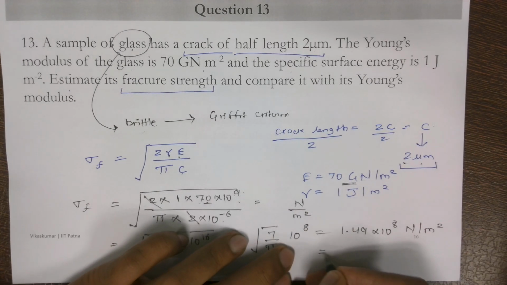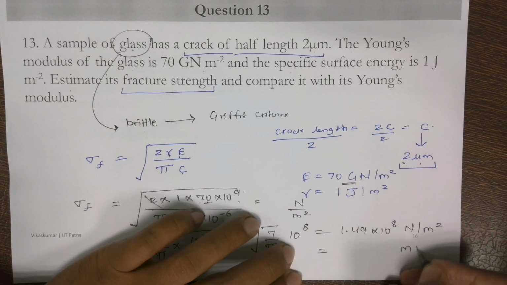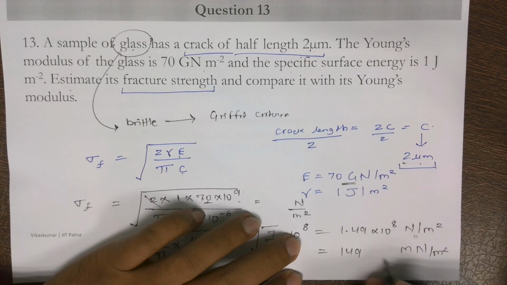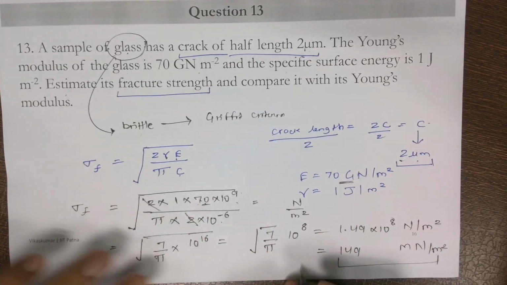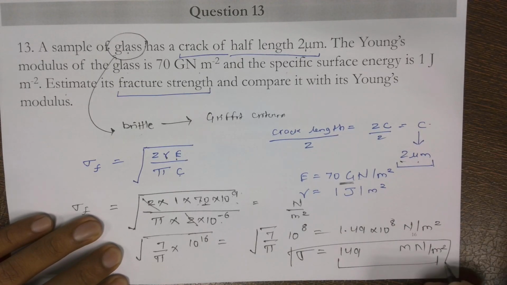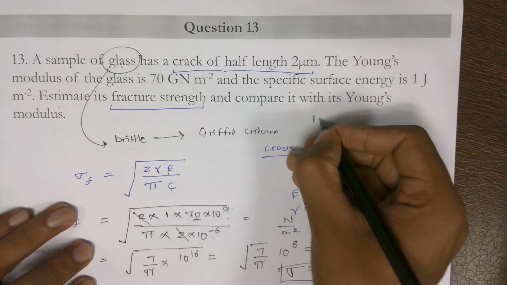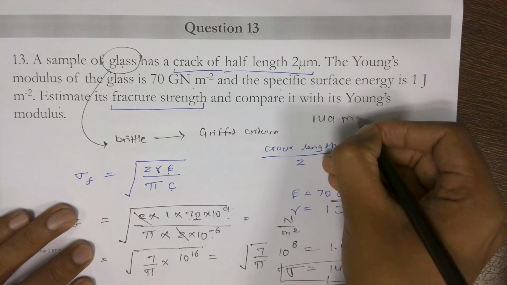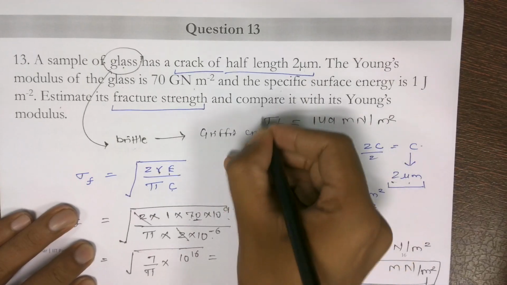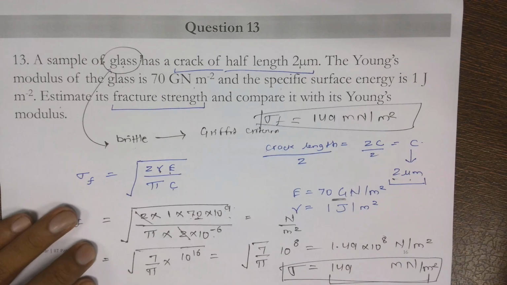Let me write it in the mega Newton per meter square. I can get 10 to the power of 6, 149 mega Newton per meter square. So this is the stress required. This much, 149, the stress will be required for the fracture to happen.